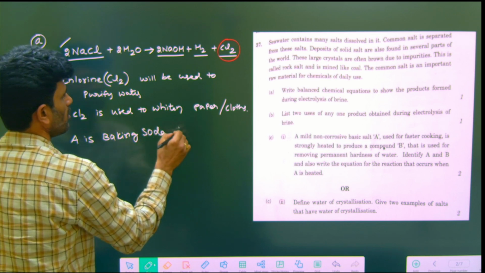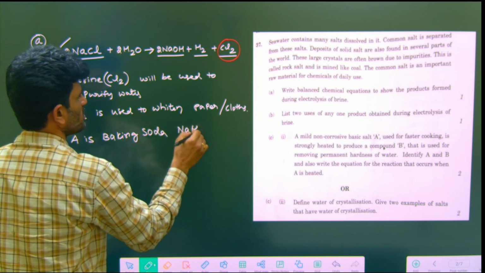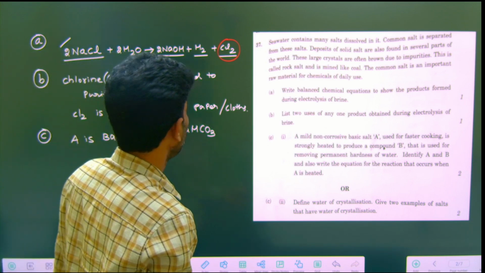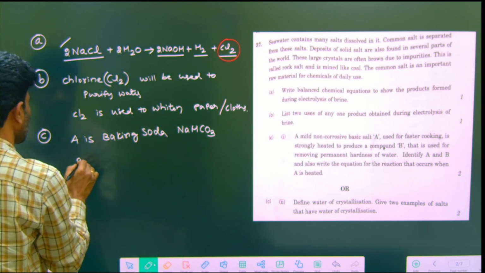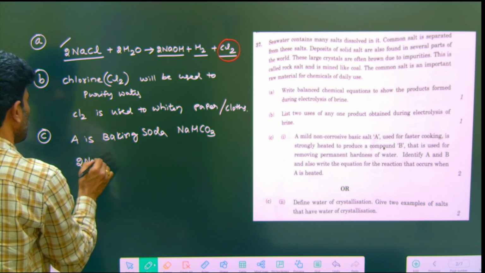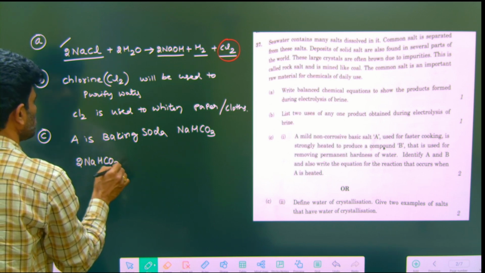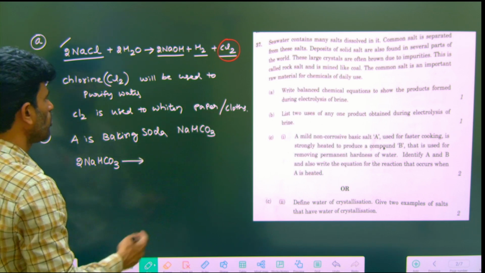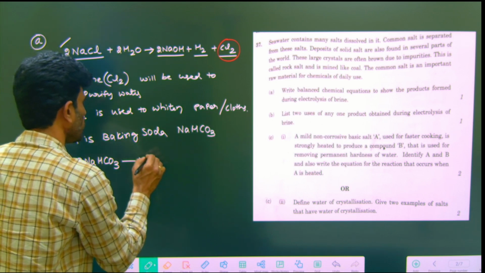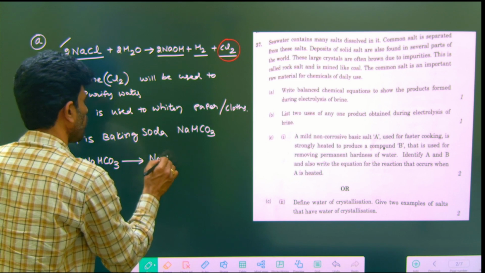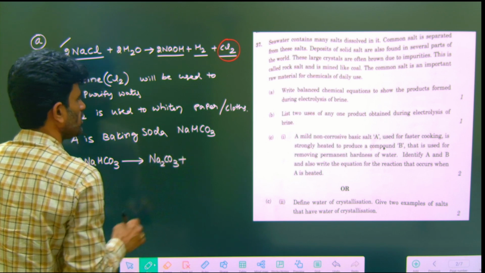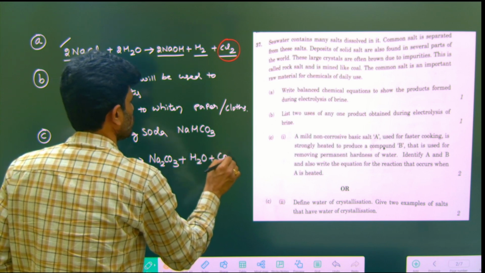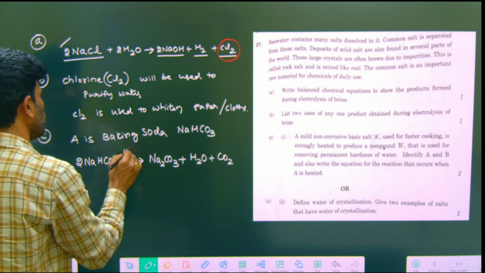What is the formula? NaHCO3, baking soda. When you heat it, what happens? Thermal decomposition. When we heat NaHCO3, one more compound B will be formed. What is that B? Sodium carbonate, Na2CO3, will be formed, along with water and carbon dioxide. This is by heating.